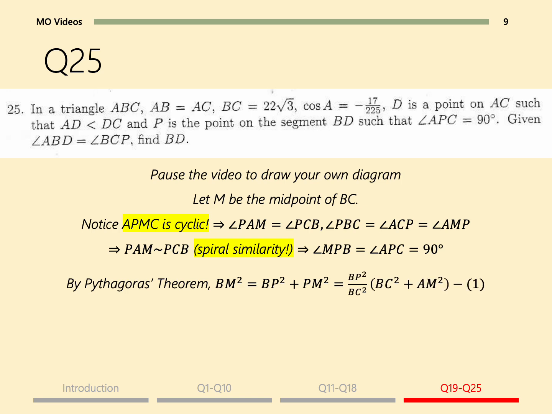This fact is something we can use to express the length BP in terms of BC, AM, and BM, which are all lengths that are essentially given. We can do this using Pythagoras theorem and the spiral similarity we have just found.